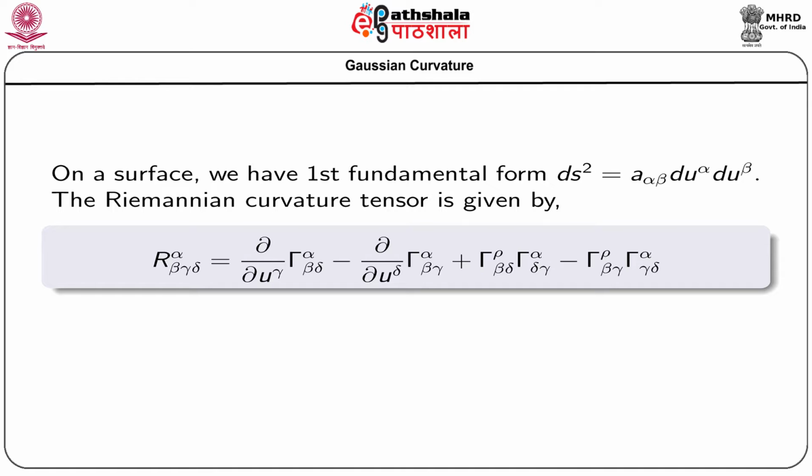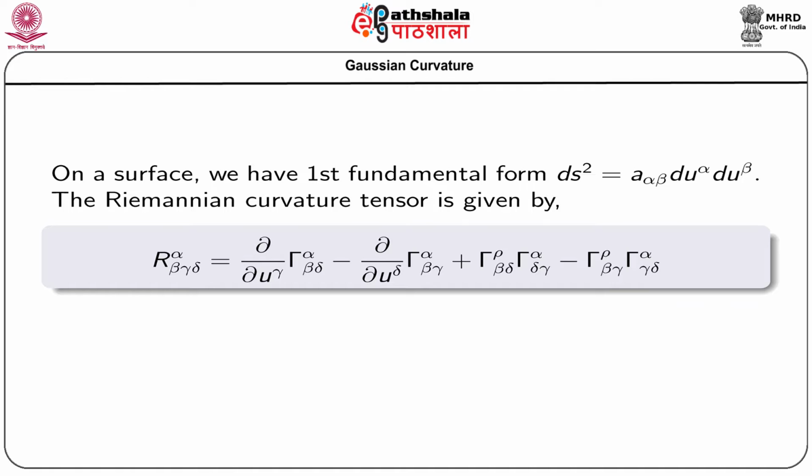this expression. Earlier we have obtained the Riemann curvature tensor for a space, written in the form R h i j k, where h, i, j, k are the space indices, and alpha, beta, gamma, delta are the surface indices.